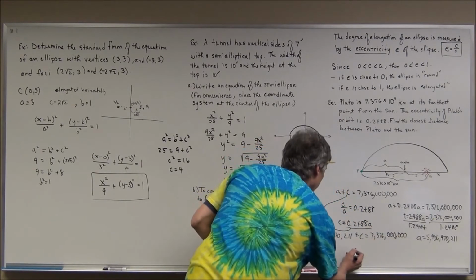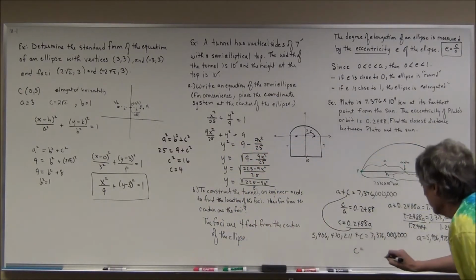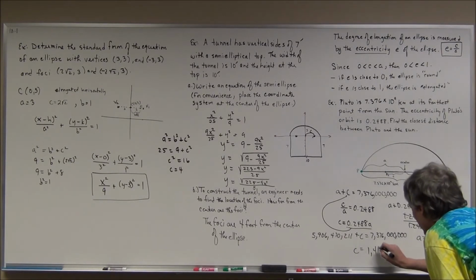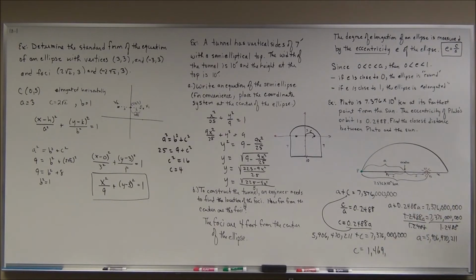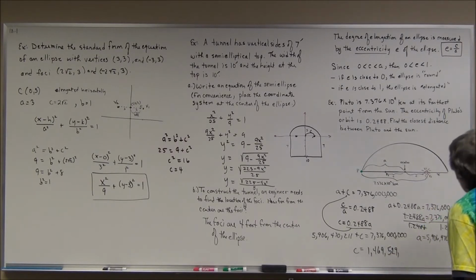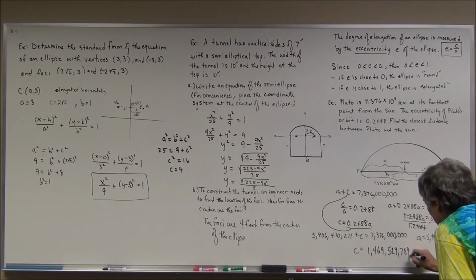Subtract this from both sides and I get c is equal to 1,469,529,789, and that would be kilometers.